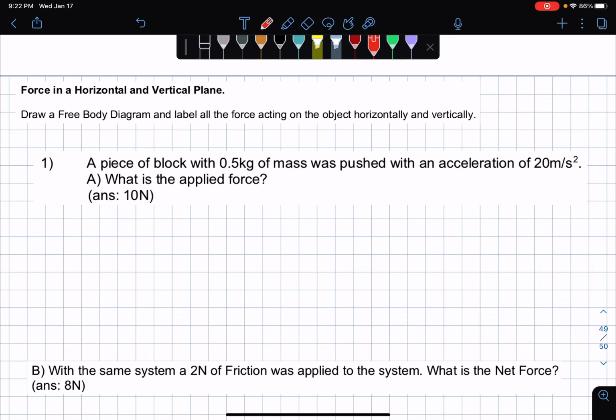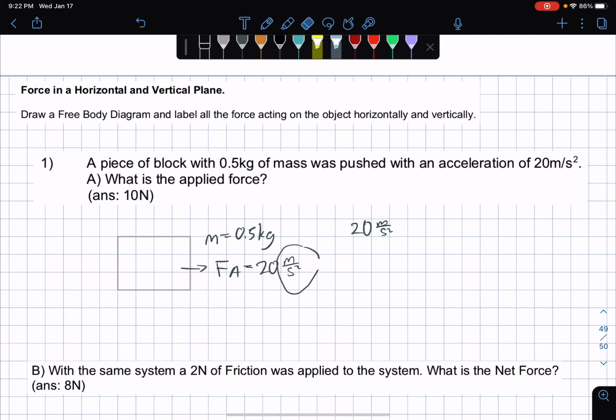So a block with a half kilogram of mass was pushed with an acceleration of 20 meters per second squared. So FA is equal to 20 meters per second squared.